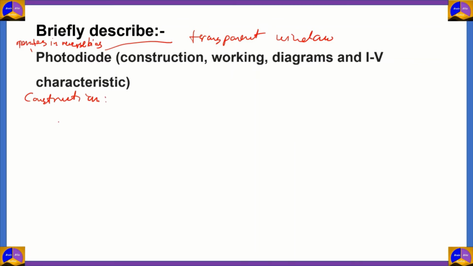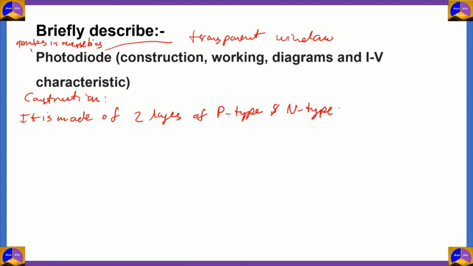of a photodiode. The photodiode is made of two layers of p-type and n-type semiconductor.